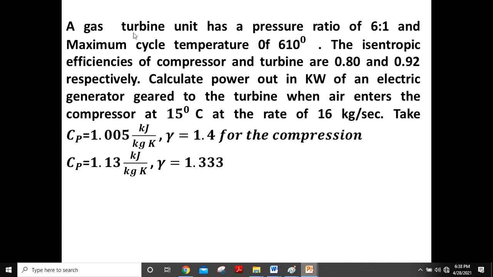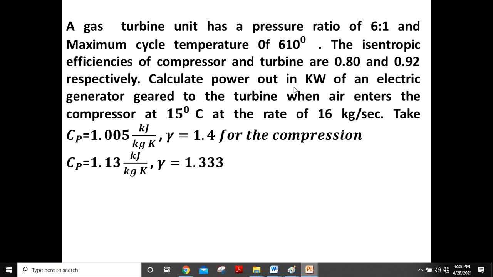A gas turbine unit has a pressure ratio of 6:1 and maximum cycle temperature of 610 degrees Celsius. The isentropic efficiencies of compressor and turbine are 0.8 and 0.92 respectively.